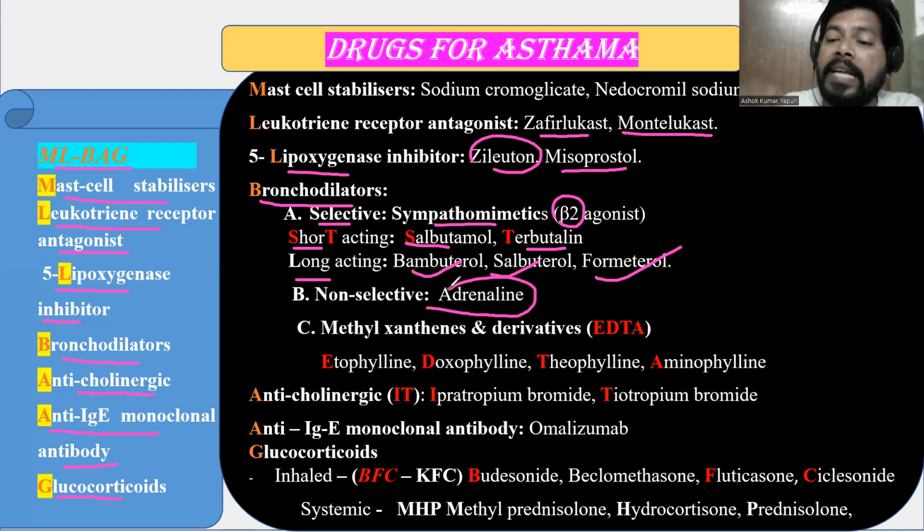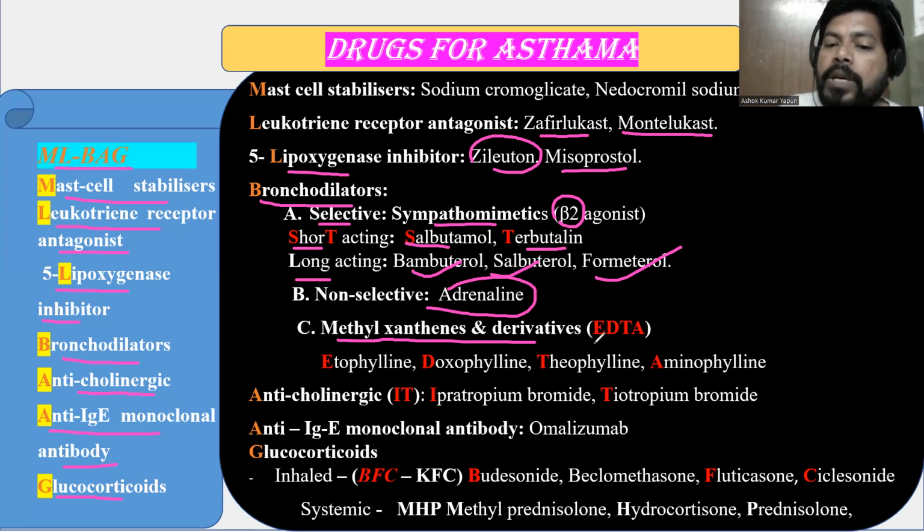As you know, adrenaline is one of the major neurotransmitters in the sympathetic nervous system. The role of adrenaline on the lungs is dilation of the bronchial smooth muscle. Adrenaline is non-selective because it can act on the beta-2 as well as beta-1 receptors. Next, methylxanthine derivatives.